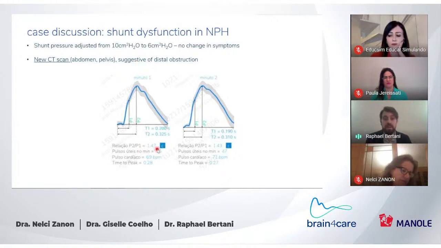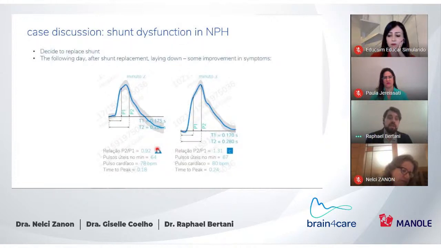So we decided to reoperate on this patient. And when we opened the abdominal incision, we saw that the shunt was not really well positioned. We had a lot of CSF coming out at high pressure. And we replaced the shunt, put it in the regular normal position.